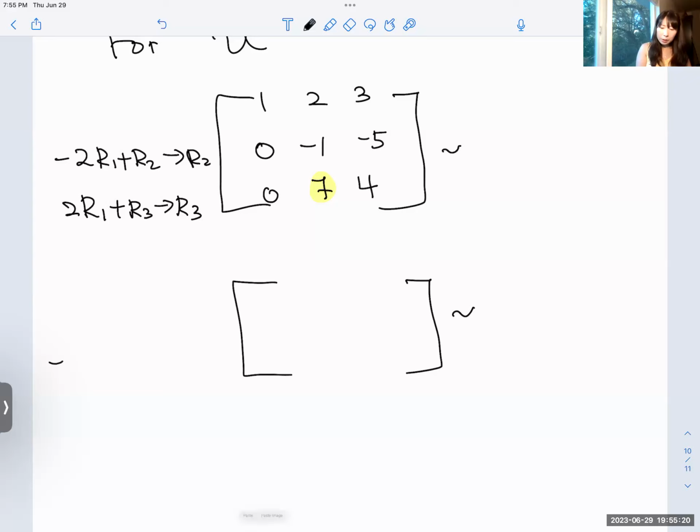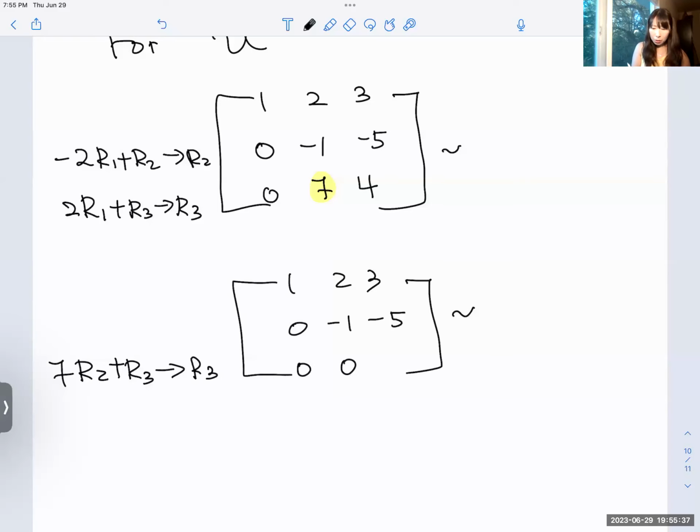So that's 7 root 2 plus root 3. Replace root 3, right? Okay, so there will be 0, 0, negative 31.